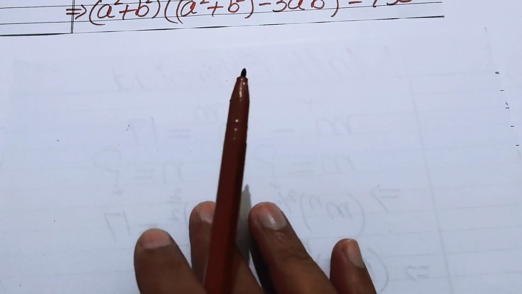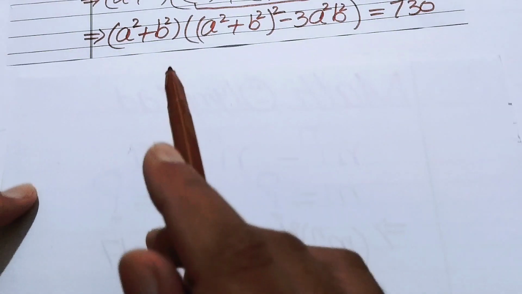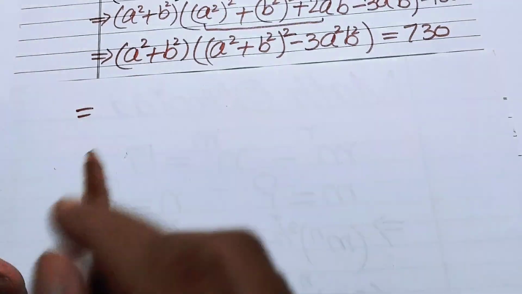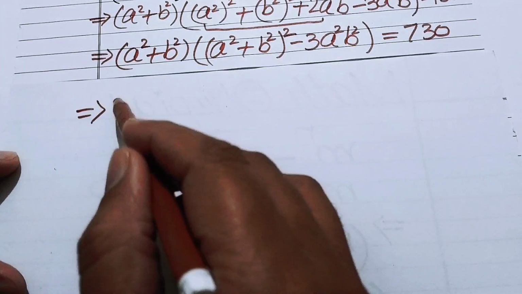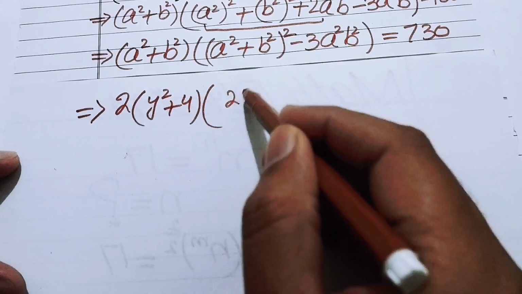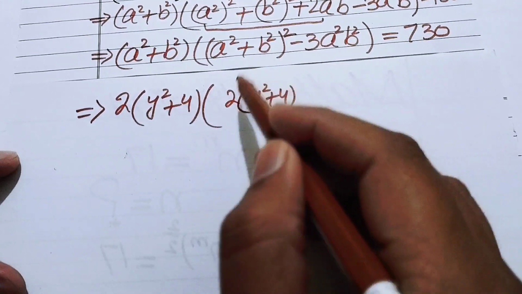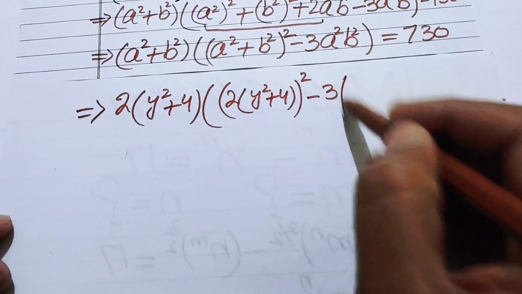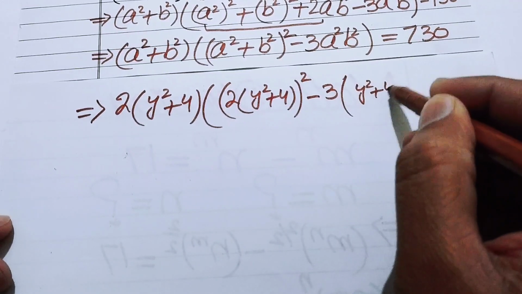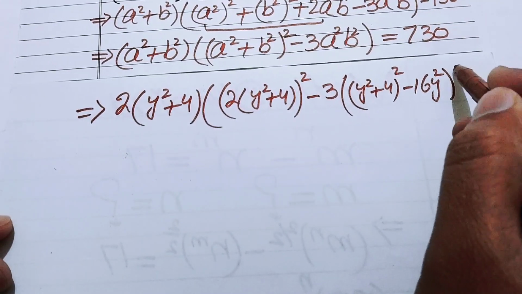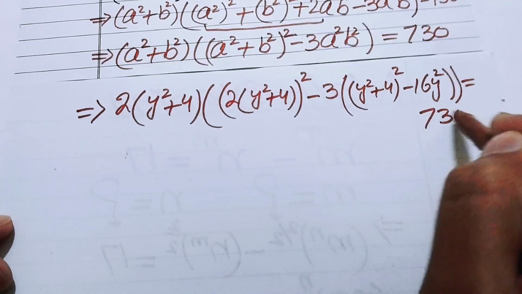By using our given values, this expression becomes: first a squared plus b squared, whose value equals 2 times y squared plus 4, and again you have 2 times y squared plus 4 and its whole square, minus 3 times a squared multiplied by b squared, and the value of a squared multiplied by b squared is y squared plus 4 and its whole square minus 16 times y squared, and this whole equals 730.